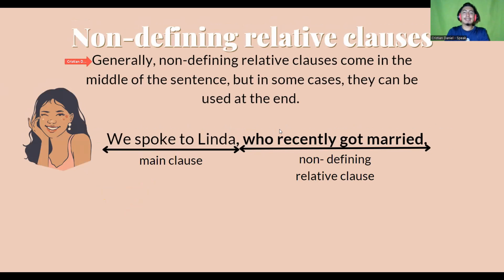But in some cases, they can be used at the end. The non-defining relative clause can also be at the end. What is the same characteristic as the other structure? This information is not essential.